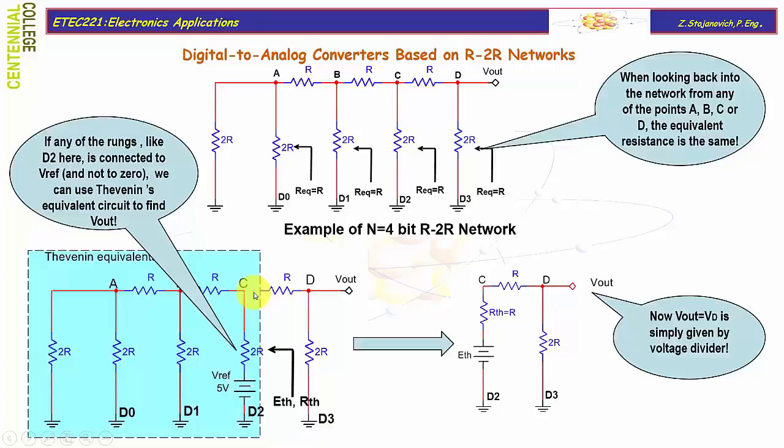This source will have a series resistance of RTH looking back from point C with the removed EREF from the circuit. Now, with this simplification, by replacing the whole network with the equivalent source ETH and series resistance, it is quite easy to calculate the voltage Vout, which is the voltage between point D and common, using this voltage divider.